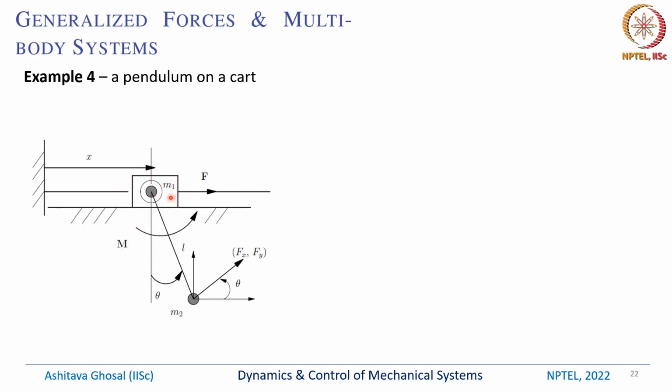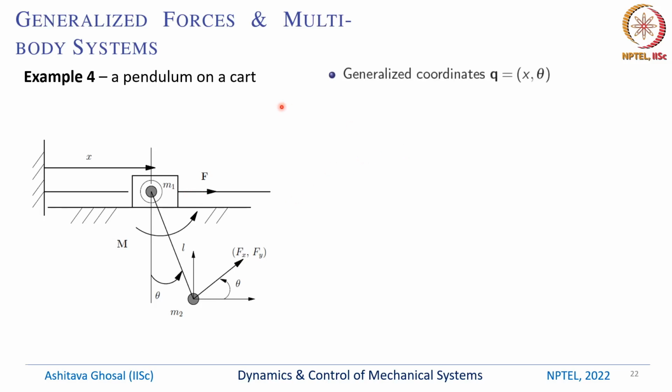The mass of this block is small m1, and then we have this mass of this bob which is m2. And again, to generalize or make it a little bit more challenging, we have a force fx and fy which is acting on this mass, and there is a force which is acting on this mass which is along the x direction.